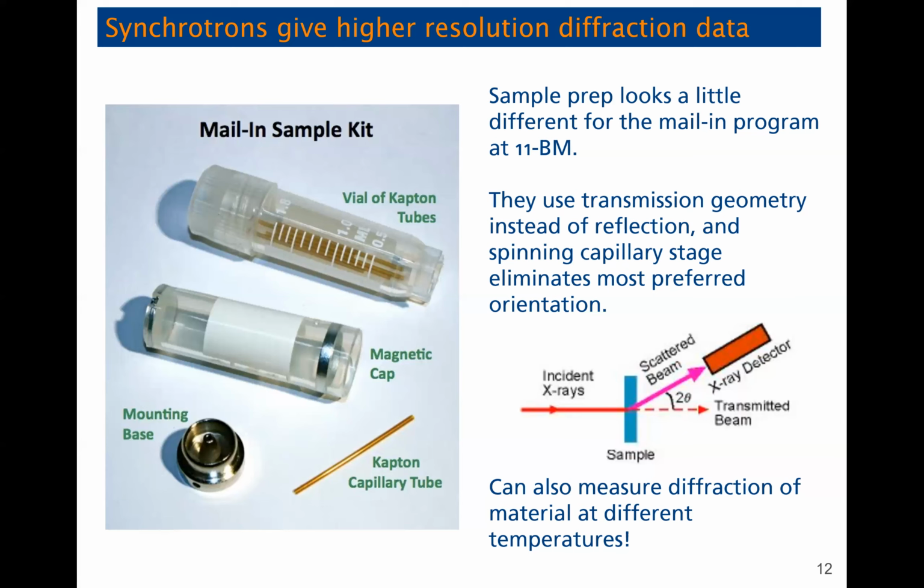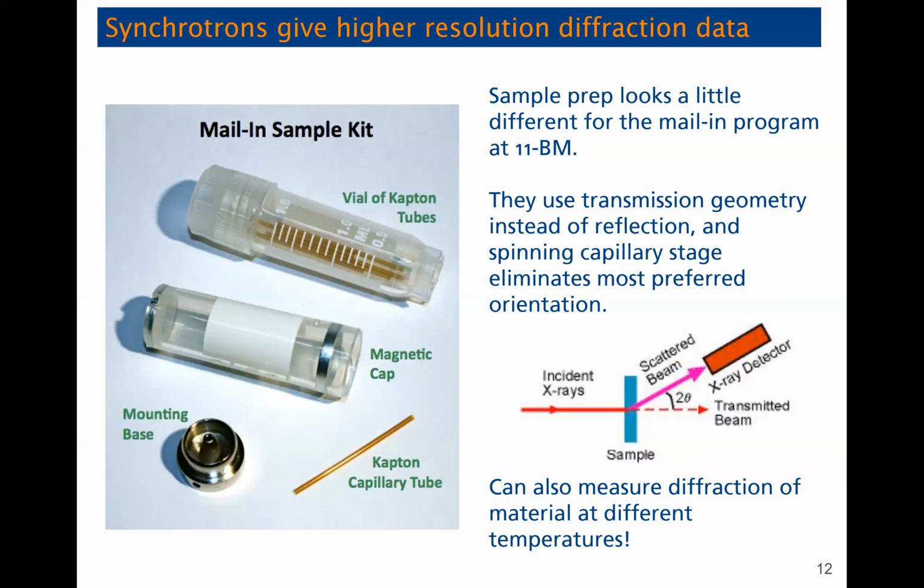Another thing is the sample stage spins. So I guess that's something you can do on our lab one as well. But the advantage of a spinning sample stage is you can eliminate some of the preferred orientation that comes from having particles that are aligned in a certain way. So your intensity is a little more characteristic of the unit cell.